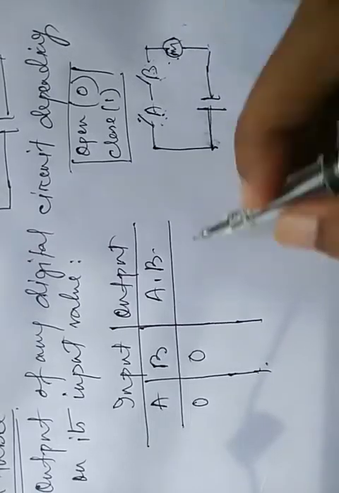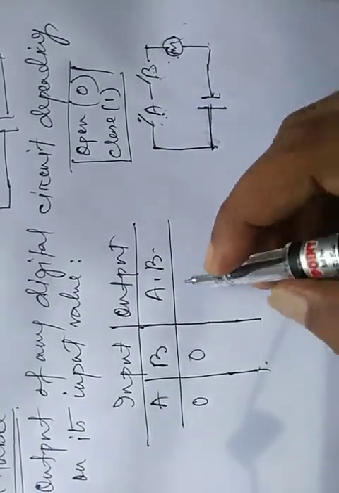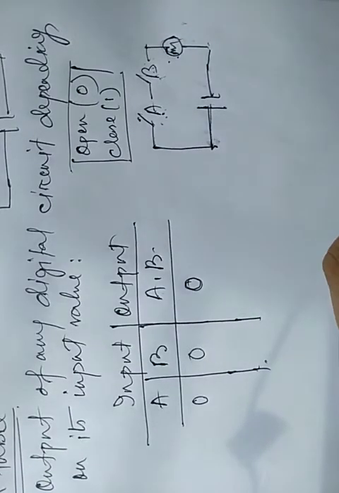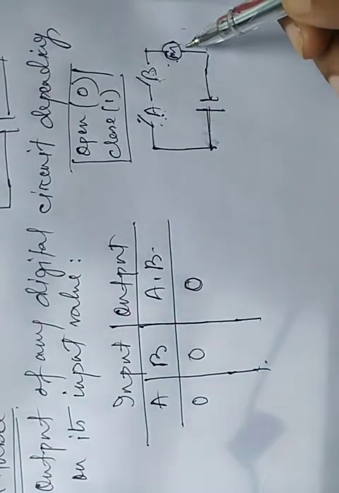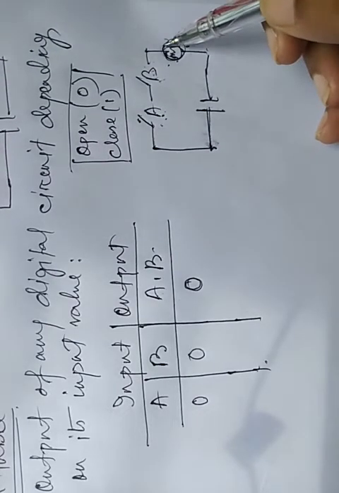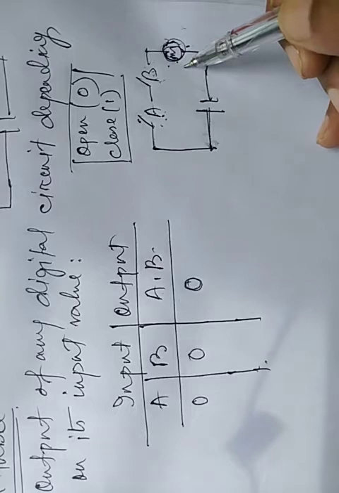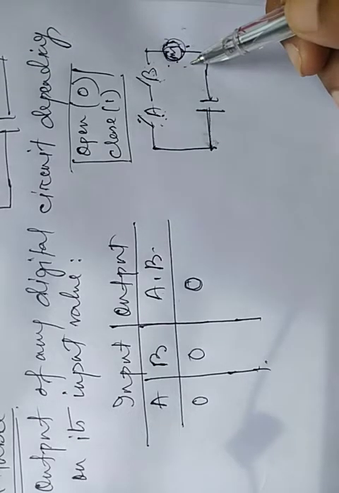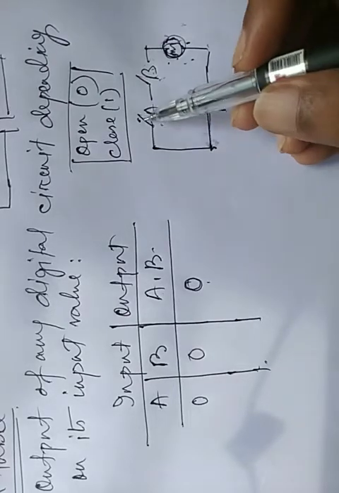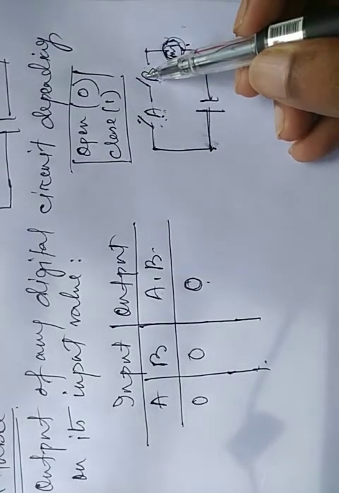Then A dot B, our output will be 0. 0 means we do not get any output value. What is output? This is output. If the bulb glows, then the output is 1. If the bulb does not glow, then the output is 0.